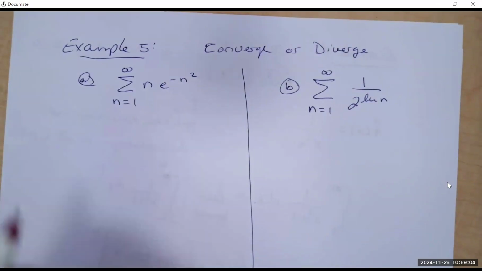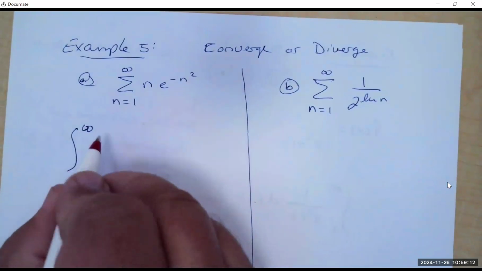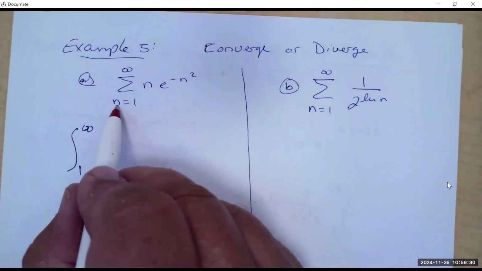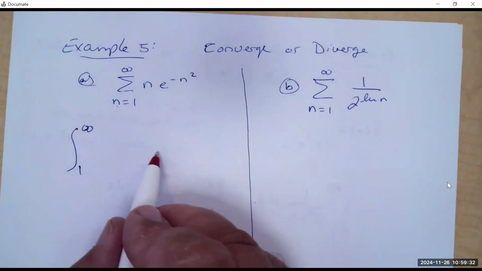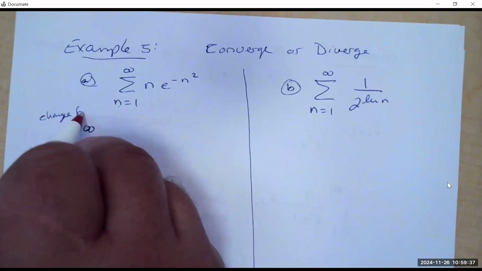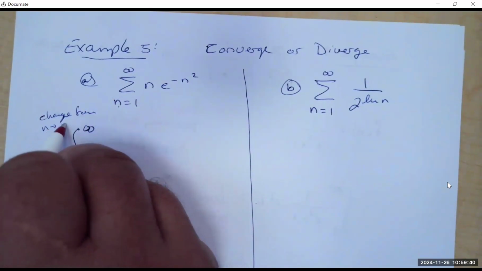So how do we set it up? If we use the integral test, what are my bounds? From 1 to infinity. Remember, our integrals are with respect to x, so we have to change from n to x somehow.